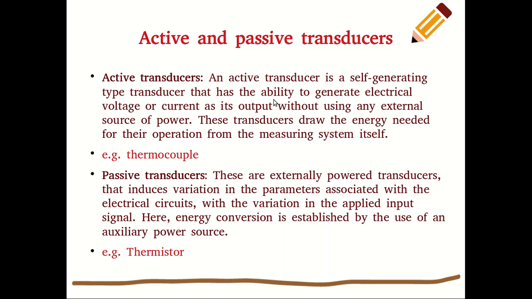Rather, it has the ability to generate the electrical voltage or current as its output without using any external source. So, these transducers draw the energy needed for their operation from the measuring system itself. This transducer, we call it the active transducer. For example, a thermocouple is an active transducer.